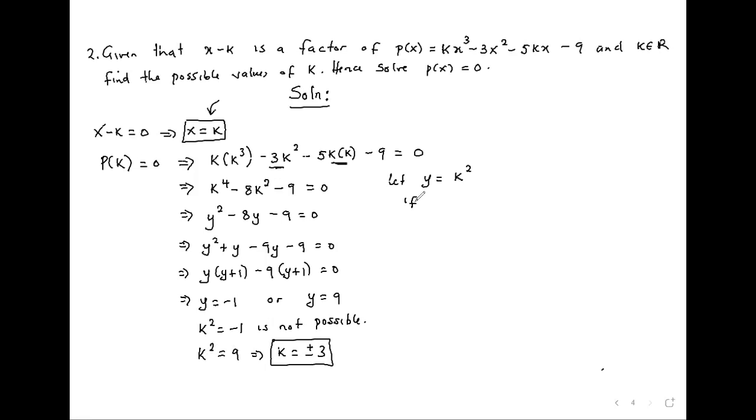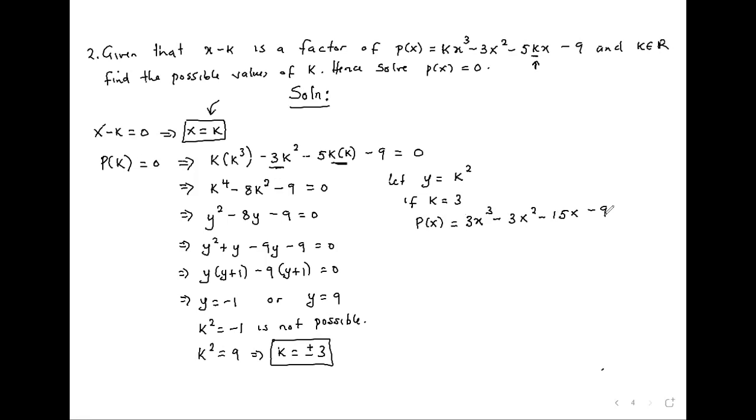So if k is equal to 3, then you substitute in the polynomial. So you have p of x is equal to 3x to the power 3 minus 3x squared, and then 3 times 5, we get 15, so we'll have minus 15x minus 9.